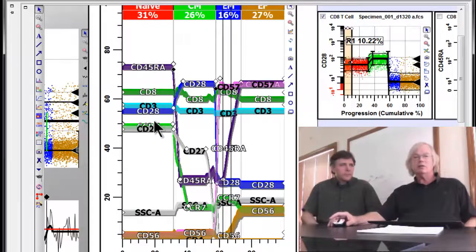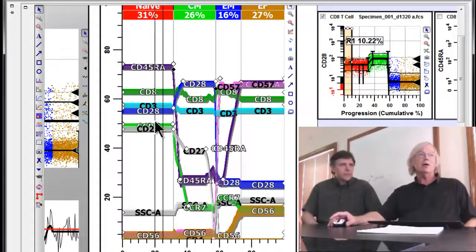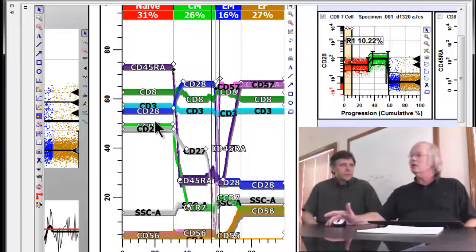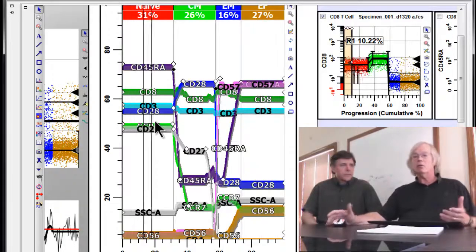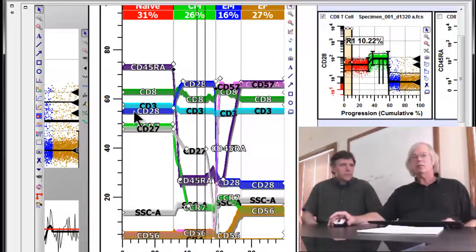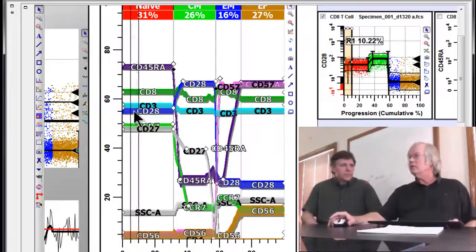And then we talked about expression profiles, what they are. They use a common marker called cumulative percent. So we can see all the correlations against that common marker, and it doesn't matter how many markers we look at.